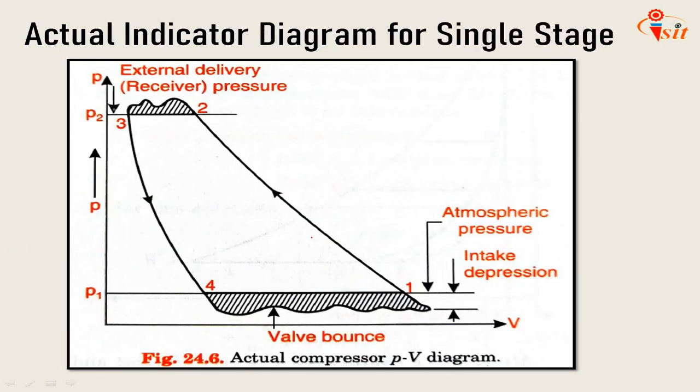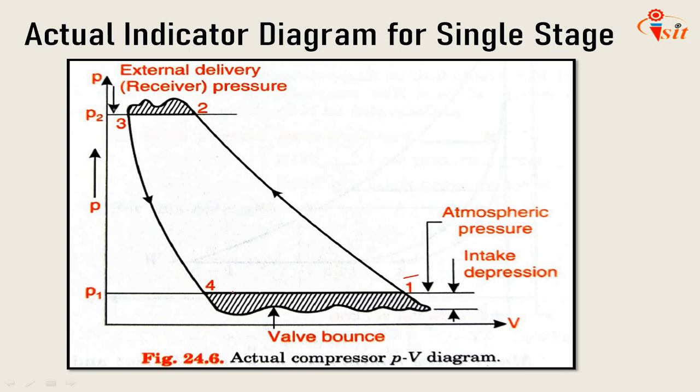Next point is about the actual indicator diagram for a single stage. Now here the figure shows an actual compressor diagram. 1, 2, 3, 4 is the theoretical PV diagram.